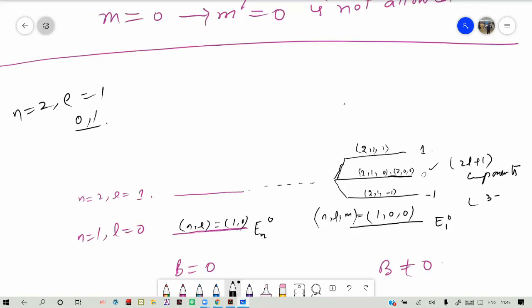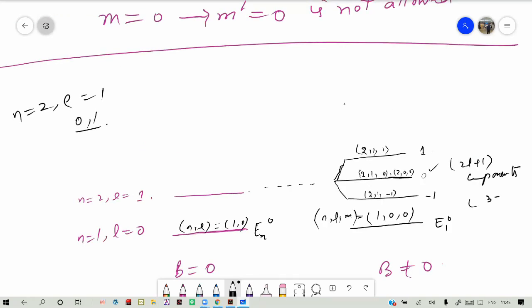Now, for N equal to 2, it is 2, 0, 2, 1, and 2, 2.